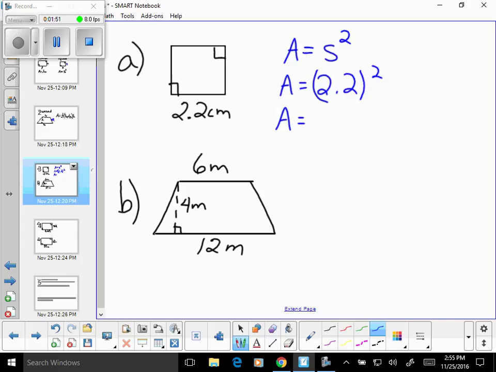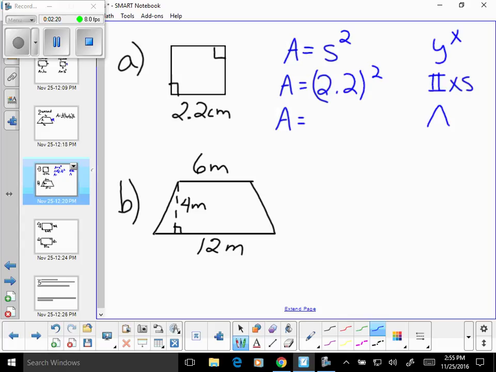Remember, it depends upon if you have a TI-30XA, in which case you're going to use the y to the x key. Or if you have a TI-30X IIS, look for the power key, which I believe is on the left of your keypad. Then you're going to have to put in the power. So we are going to put in 2.2.